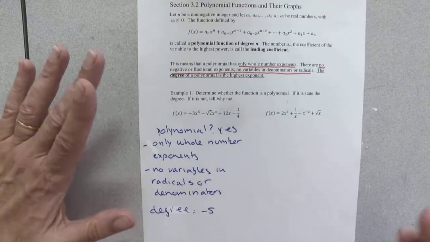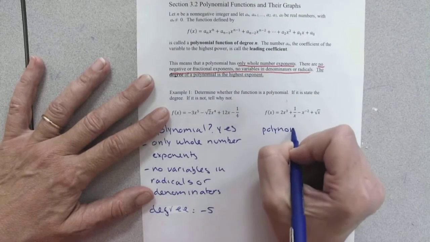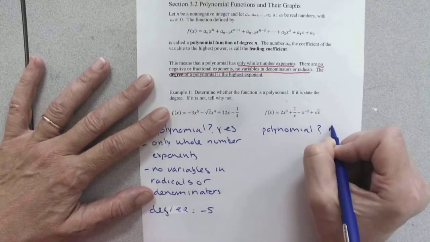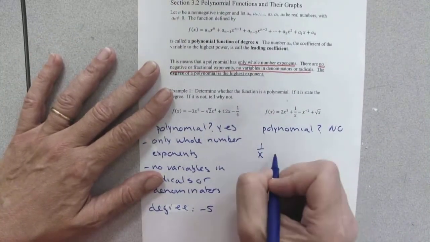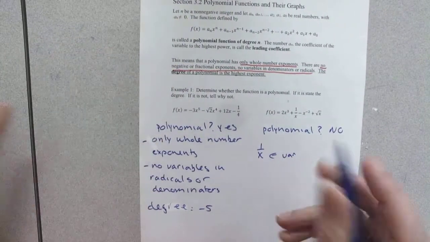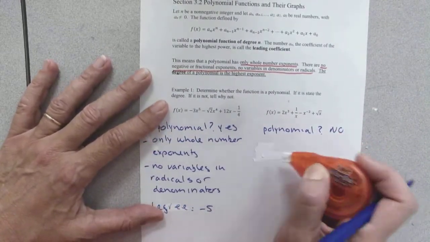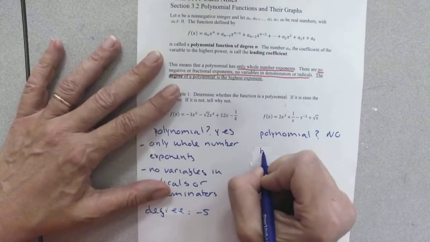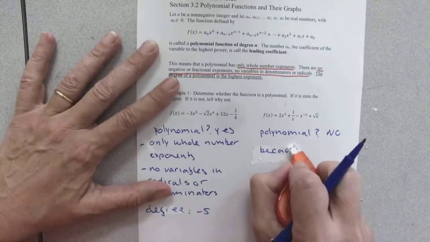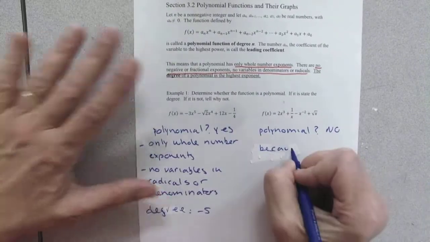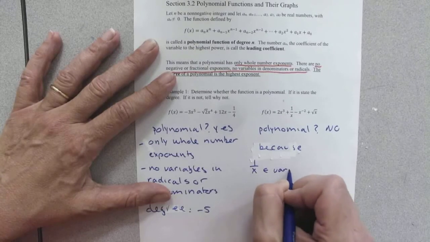The next guy, not a polynomial. No. And really there are two reasons. The 1 over x. Let's be a little more specific here. Because we got that 1 over x, and specifically the variable in the denominator.